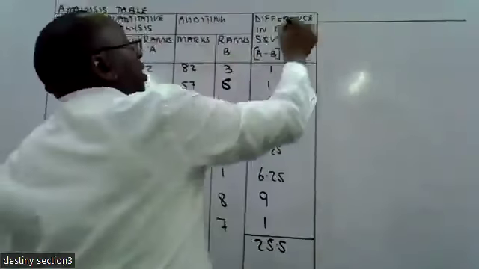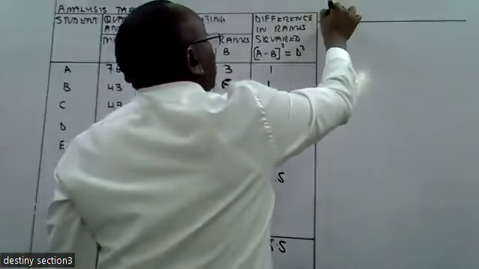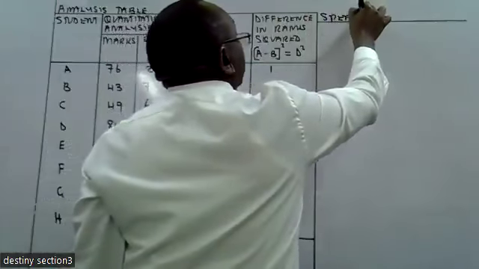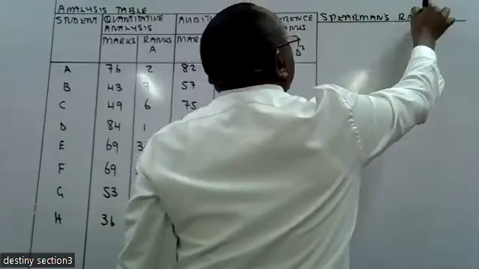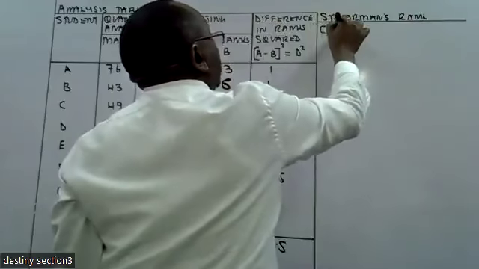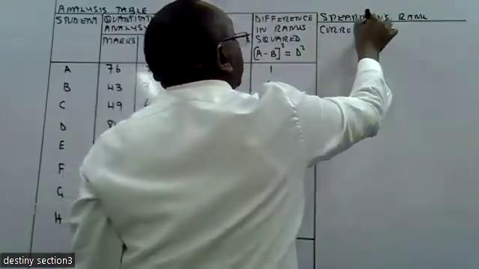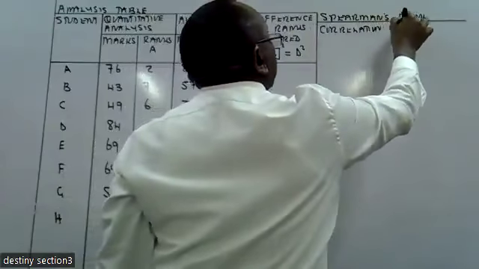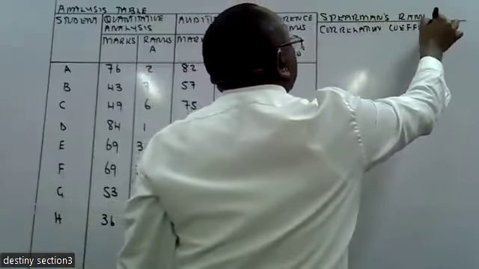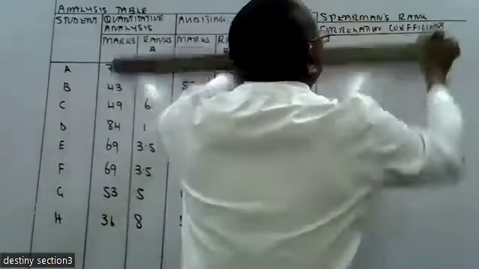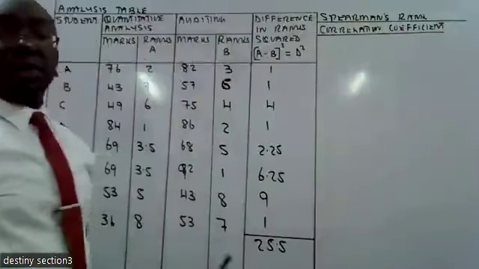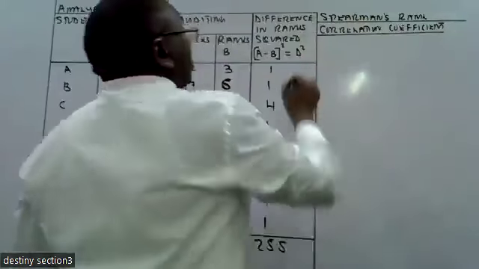Below that now, we compute what we call Spearman's rank correlation coefficient.